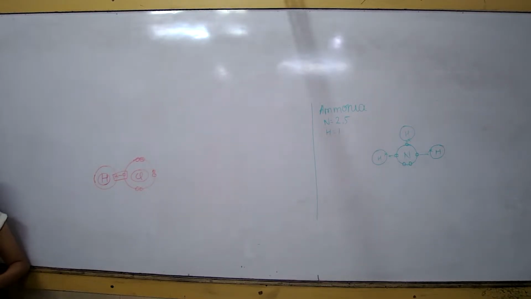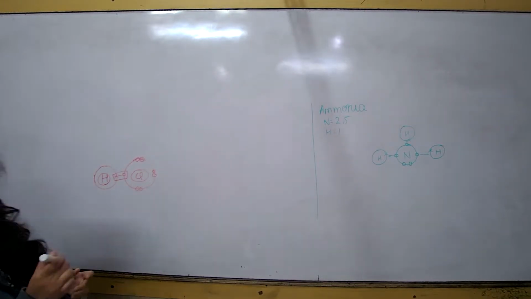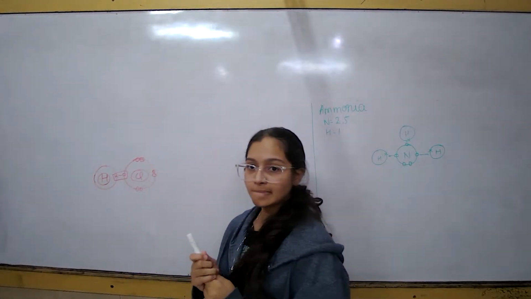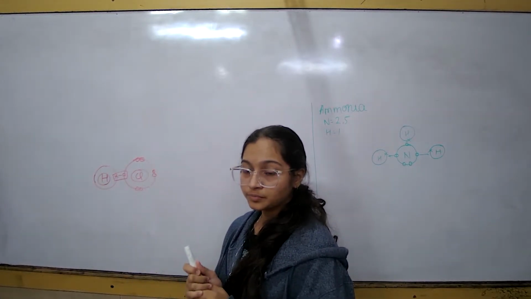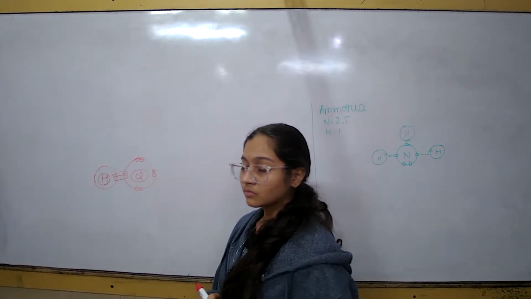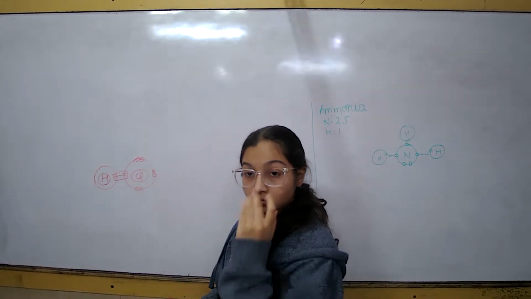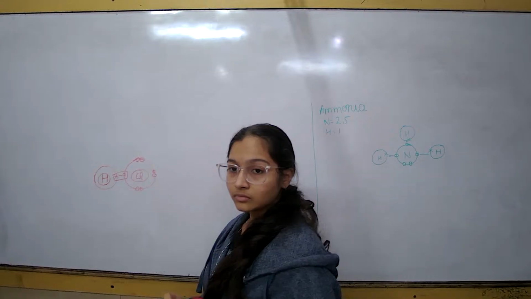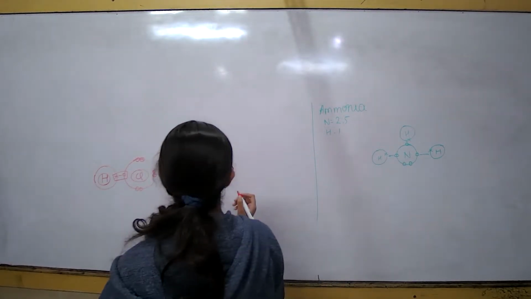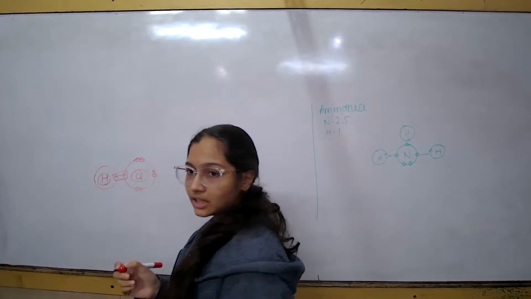Okay. An element M burns in oxygen to form an ionic compound, MO. Write the formula of the compounds formed if this element is made to combine with chlorine and sulfur separately. Chlorine and the element is hydrogen.